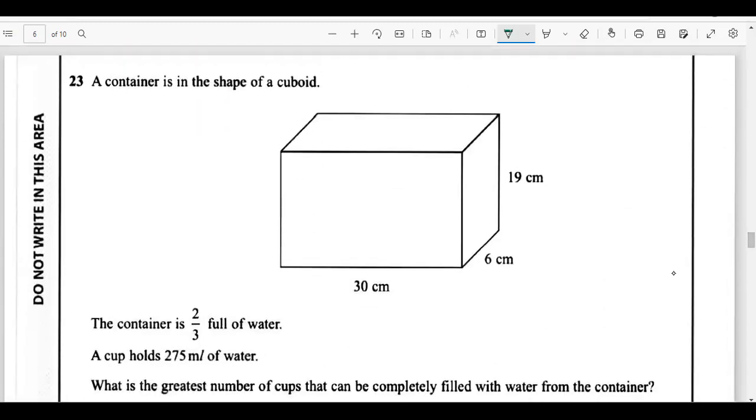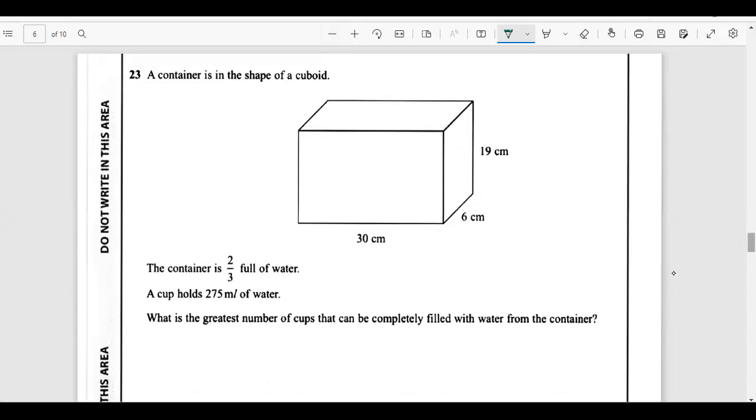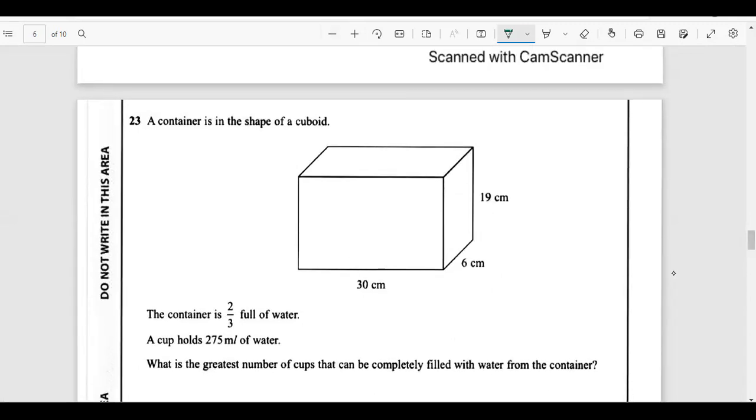Here's another interesting question, which I would let you think about. I'll read it first. It says, a container is in the shape of a cuboid. The container is 2/3 full of water. A cup holds 275 milliliters of water. What is the greatest number of cups that can be completely filled with water from the container?